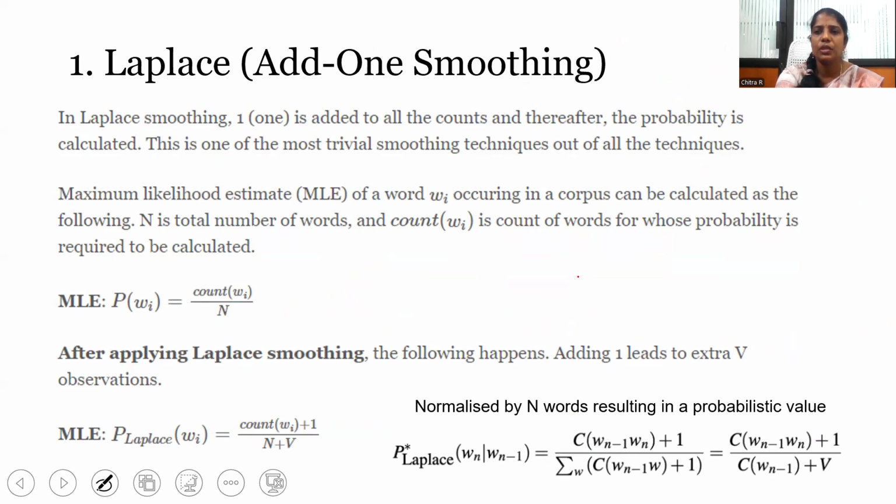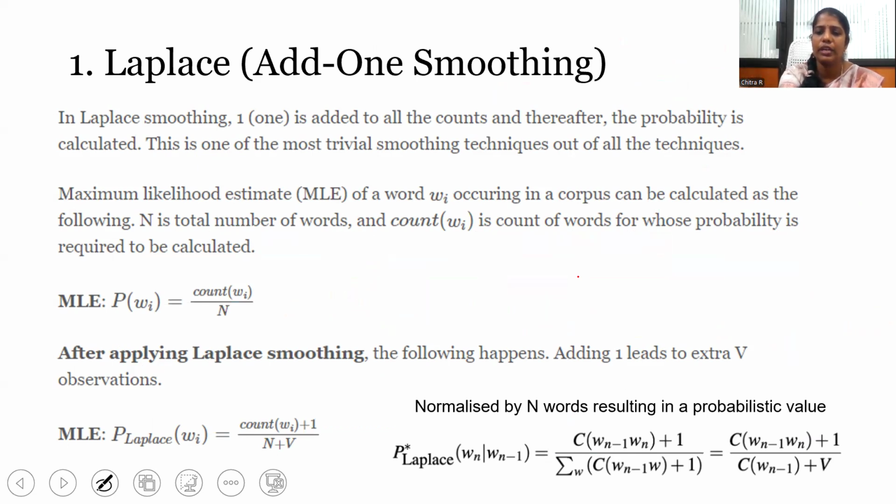The Laplace smoothing technique. For avoiding the 0 probability in each and every probability calculation, when calculating the probability of Wi, in each and every calculation you should add 1 in the numerator, and in the denominator add the total number of words.